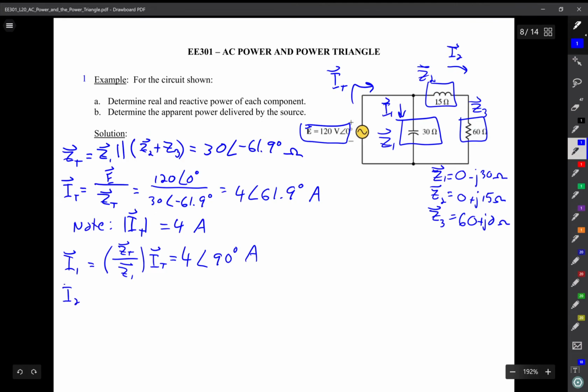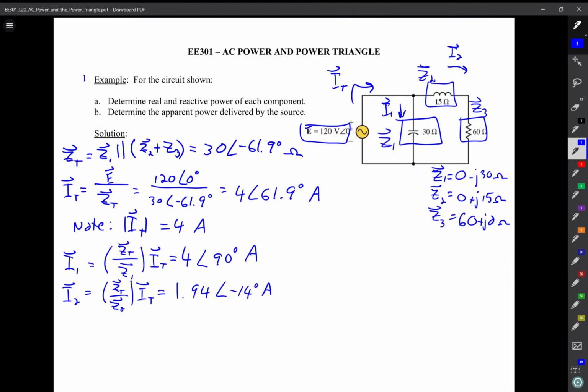I2, again by current divider rule, is equal to the total impedance divided by Z2 times I total, which is equal to 1.94 with an angle of minus 14 degrees amps. And if you want to, you can verify that I1 plus I2 is equal to I total, and it indeed is true.